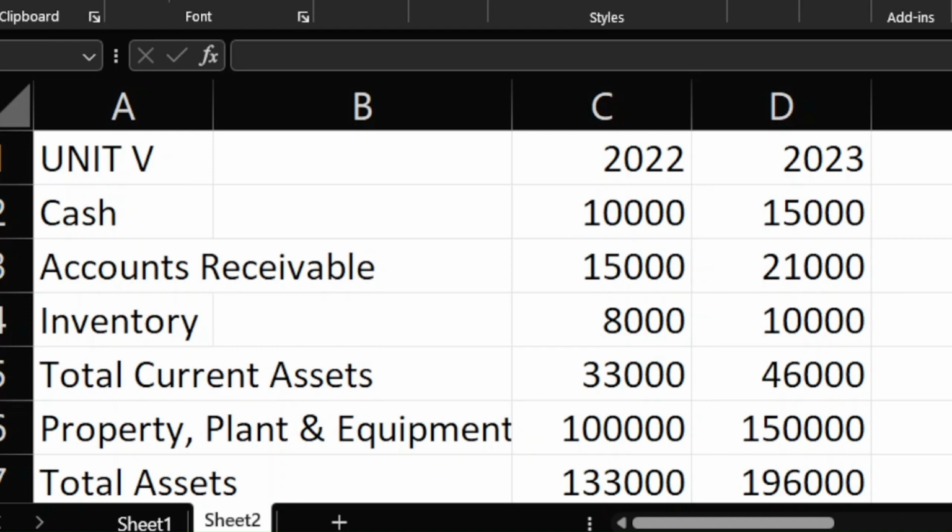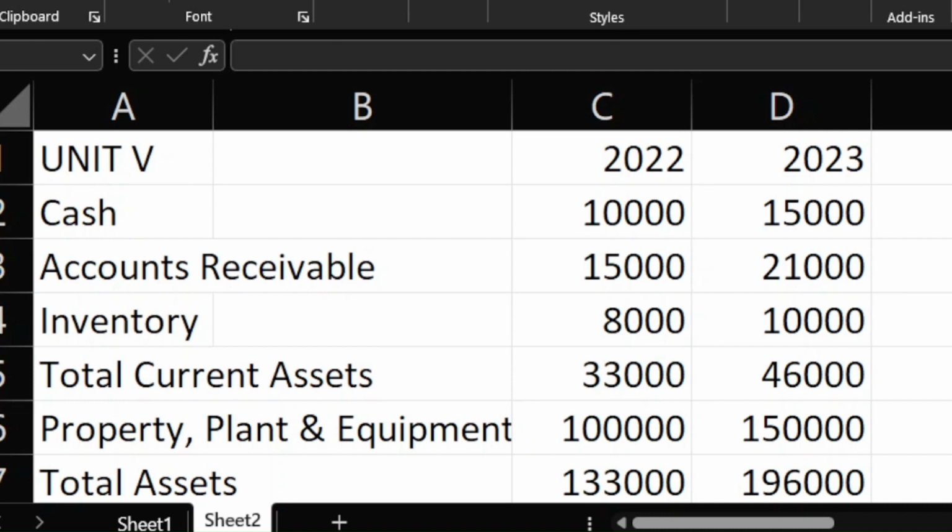Now we will see the common size financial statement, and later we will see comparative also. These two facilitate us to compare these statements very easily.